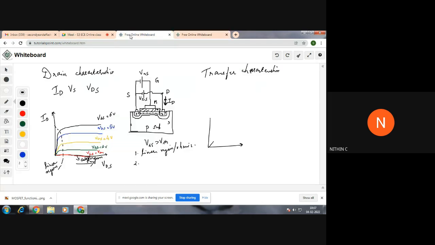And the reason is this. I am zooming in on this position. I am drawing only this one position, the N plus region.